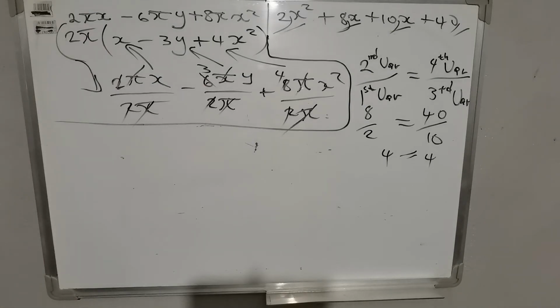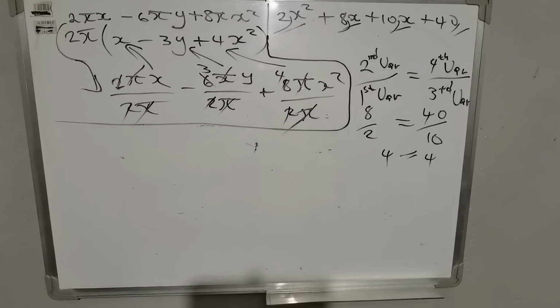So when the number on the second variable divided by the number on the first variable equals the number on the fourth variable divided by the number on the third variable, grouping will work. If you don't get the same thing, then don't use grouping.